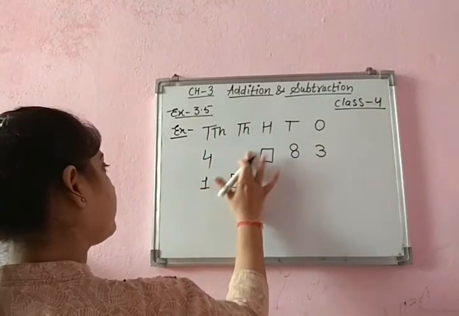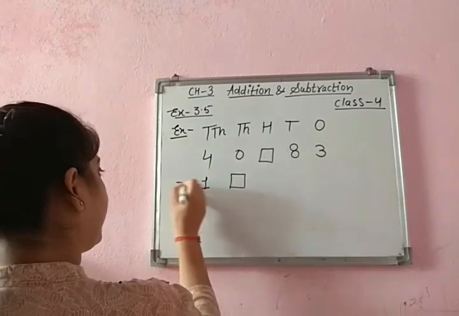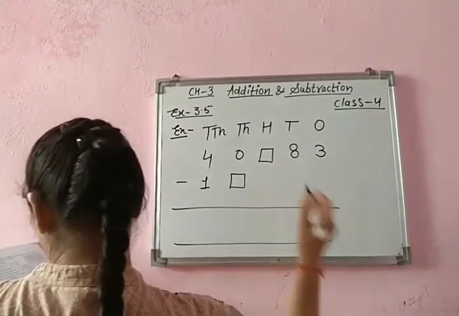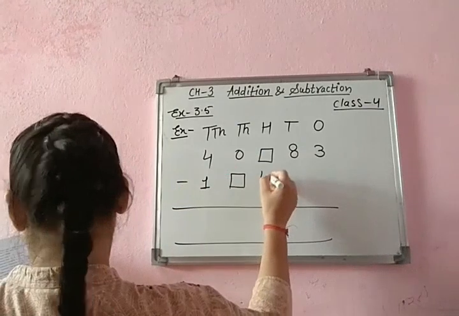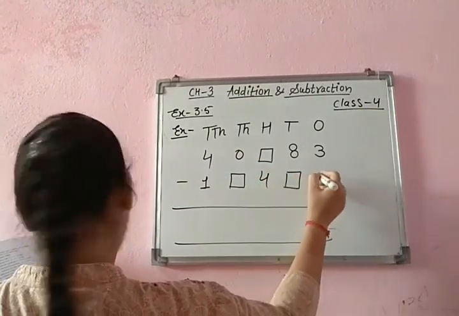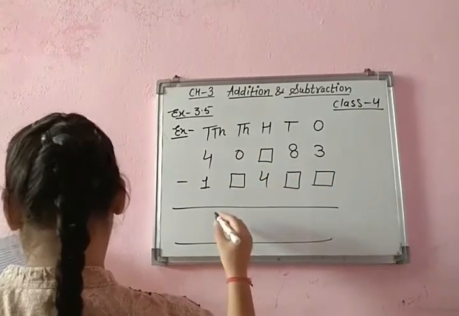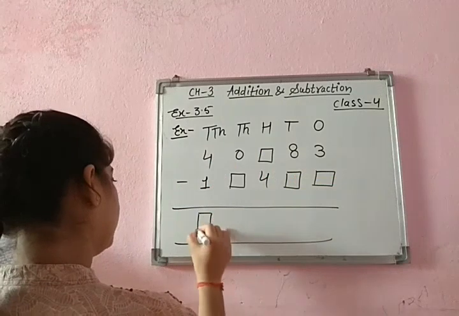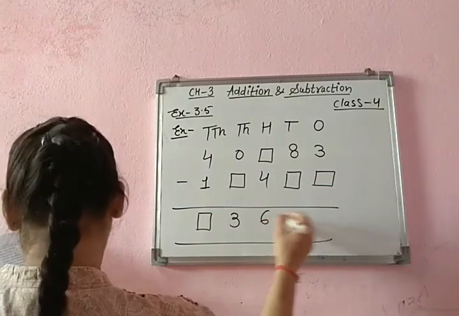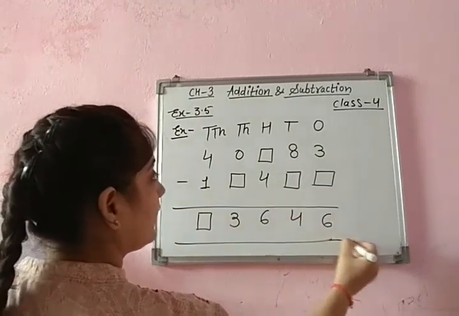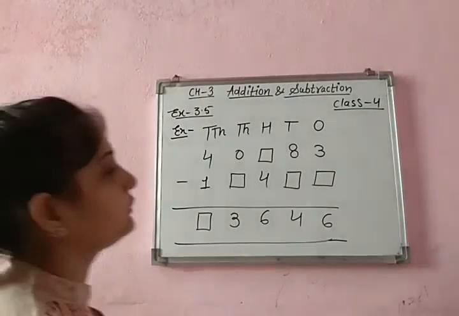Now this time I am giving you the subtrahend places also empty. This is 3, 6, 4, 6. I hope the question is clear to everyone.